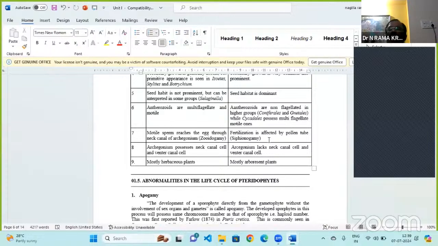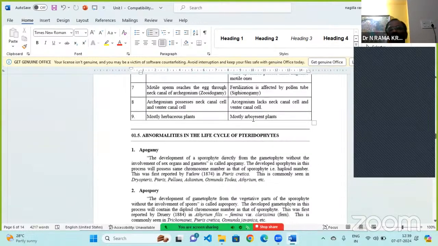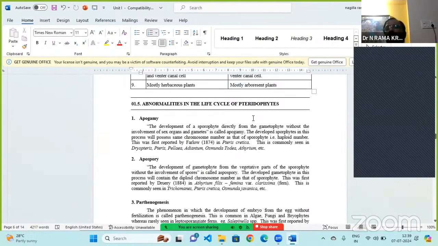Whatever it may be, some of the characters you are studying in gymnosperms, we see similar characters in pteridophytic groups. So these are similar and different characters. Some abnormalities are also seen in pteridophytic groups. First, apogamy.